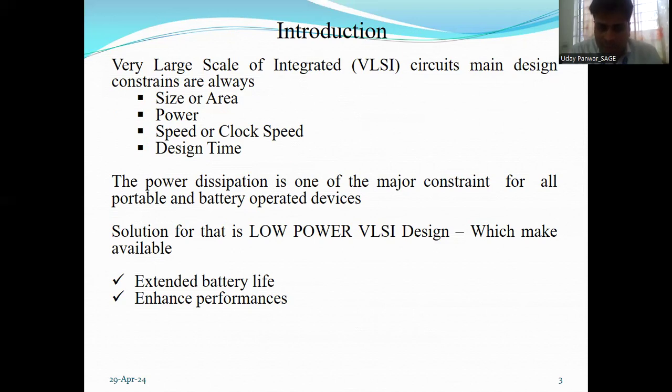As we reduce the threshold voltage, our device becomes faster and its performance improves, but various parameters or factors which are proportional to the threshold voltage come into the picture in this VLSI design flow. What are the problems or challenges with this low power VLSI design phase, and what are the solutions, we will see in our next slide.